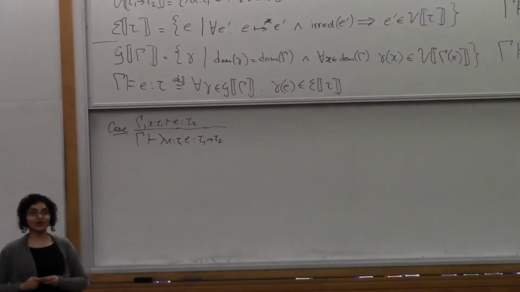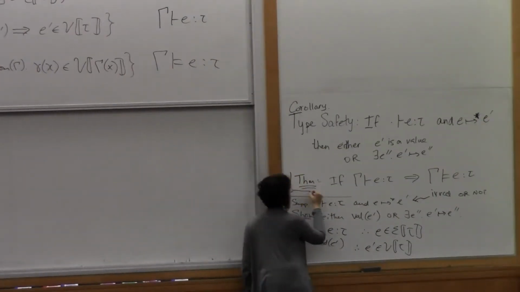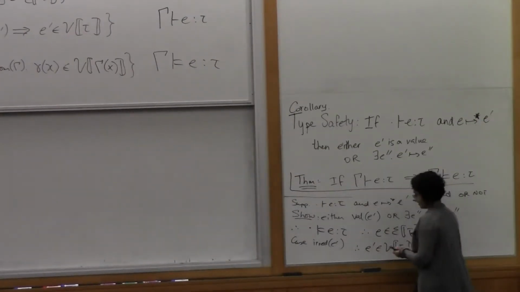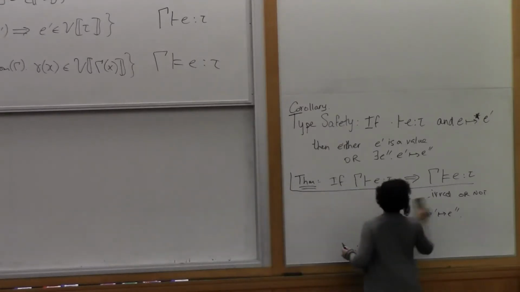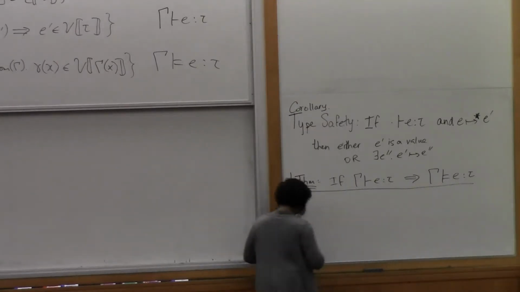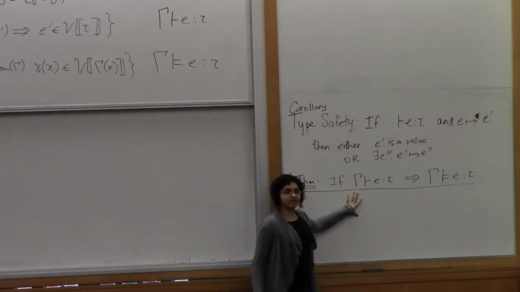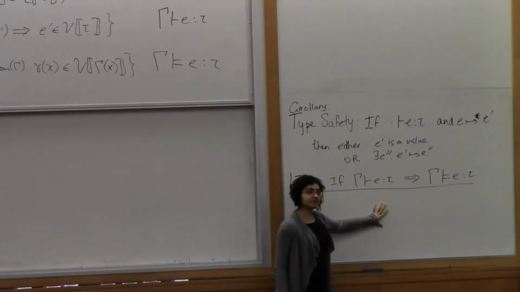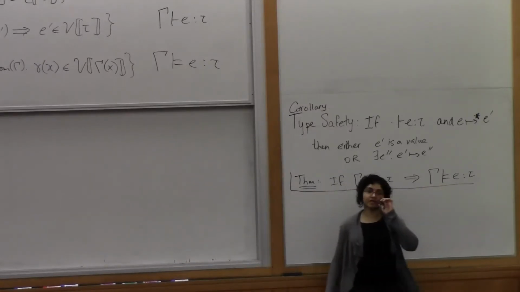Okay. So we're going to prove this theorem here. By the way, let's just step back for a second, or let me just erase this before we wade any further into proofs. This theorem says that if E is well typed, then E semantically behaves like it has type tau.